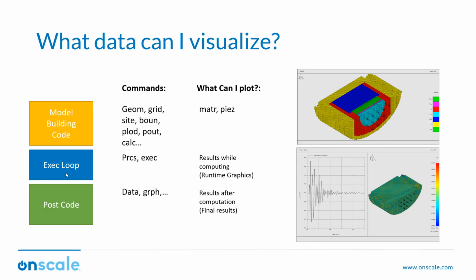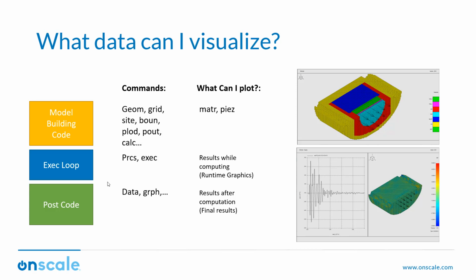So this is the part where the model actually starts to be calculated. And you can view the result while you are calculating. So this is called runtime graphics. And so if you put your graph command within the execution loop, you'll see your results changing and be replotted while the simulation runs.